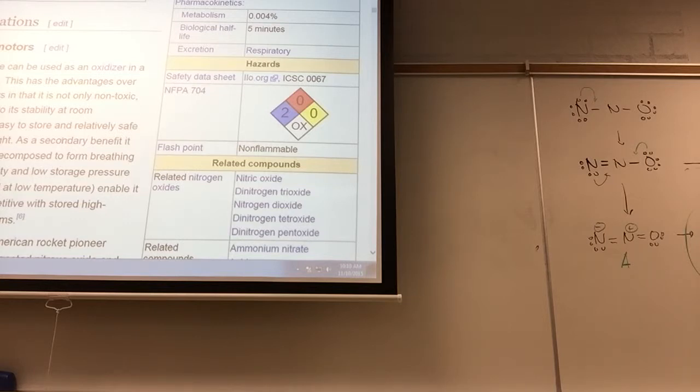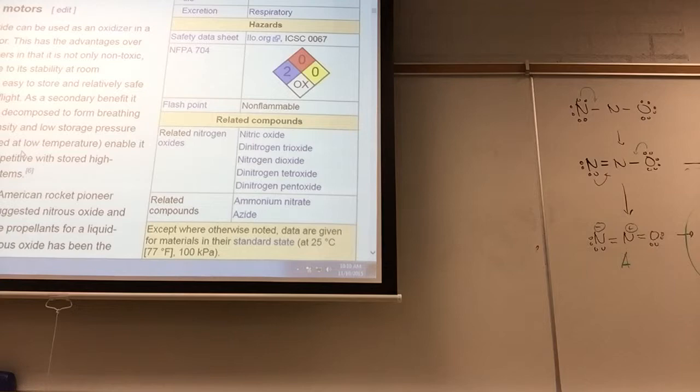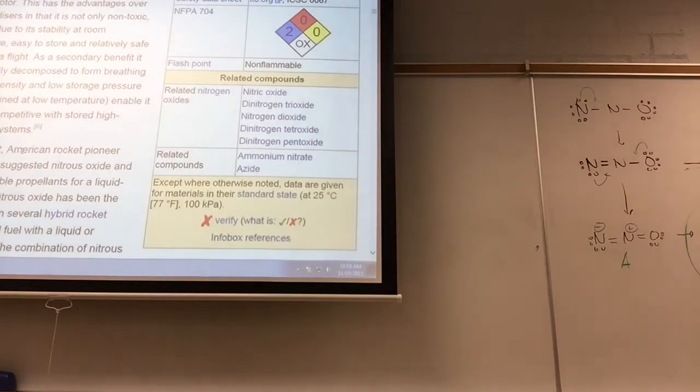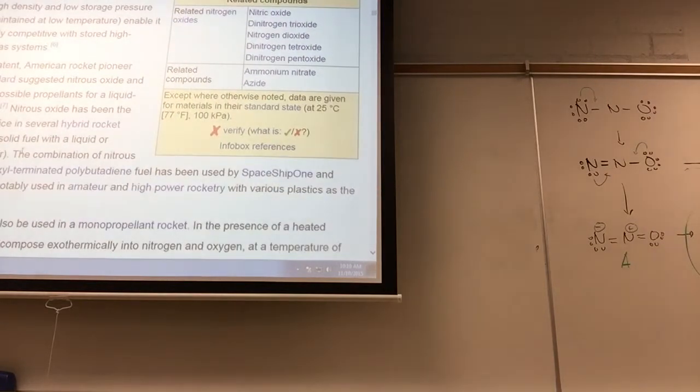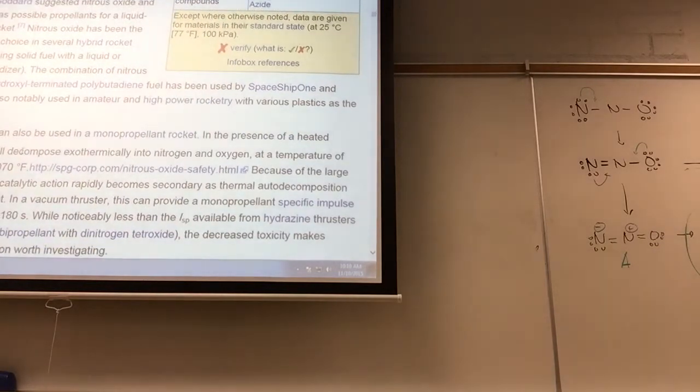Oh, I didn't know that. So I guess if nitrous oxide decomposes, it forms nitrogen and oxygen in a redox decomposition. The nitrogen and oxygen is air. High density and low storage pressure enable it to be highly competitive with stored high pressure gas systems. And that's interesting.